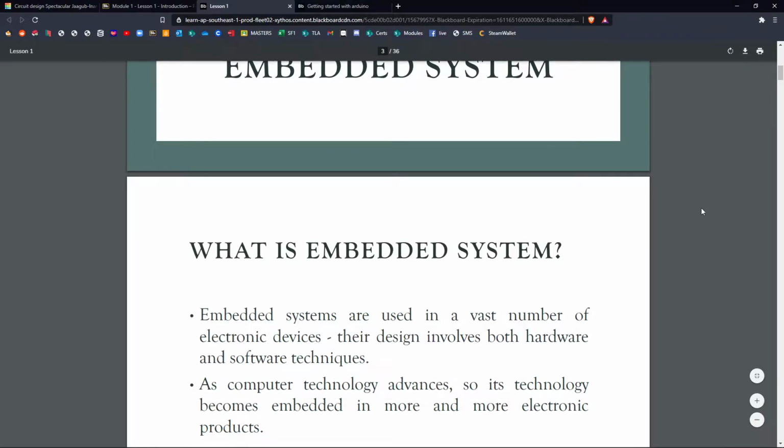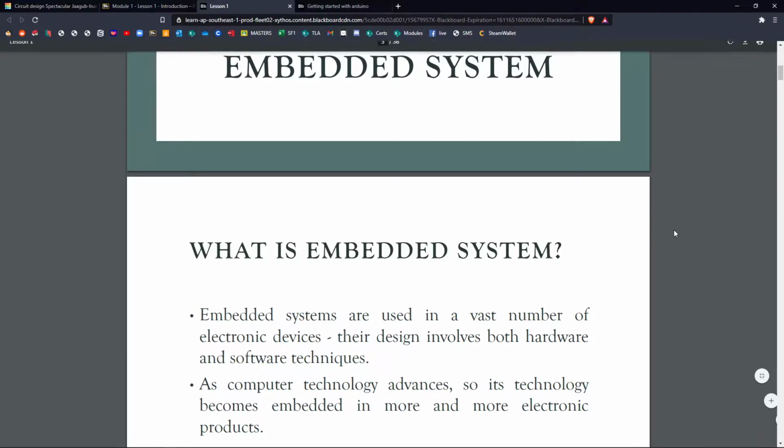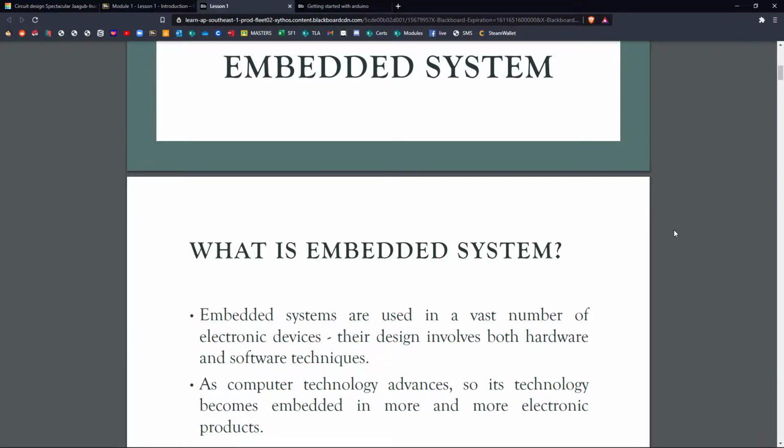As computer technology advances, technology becomes more embedded in more electronic products. So the number of electronic devices in our homes with embedded systems gets plentier each year that passes.